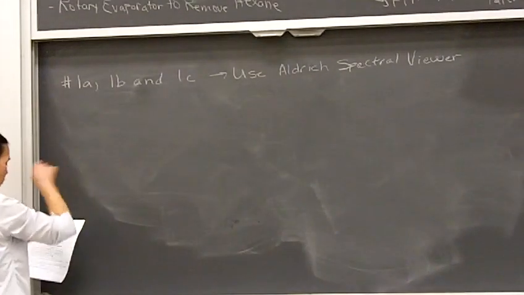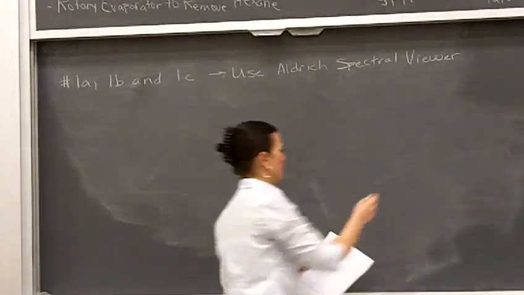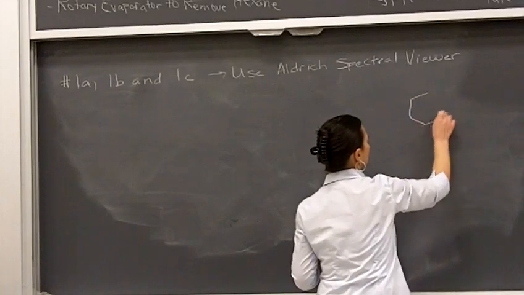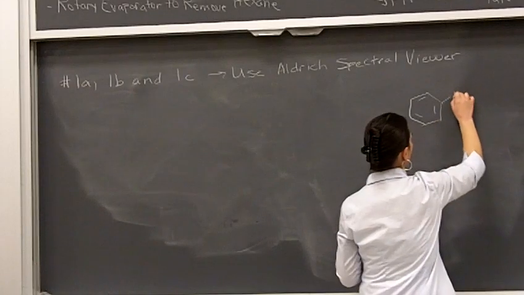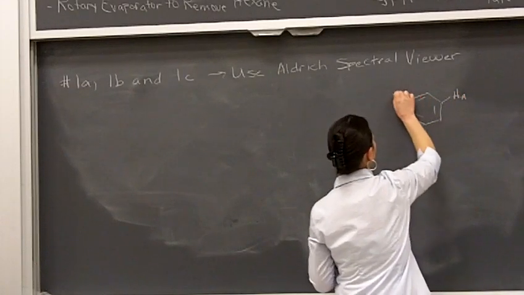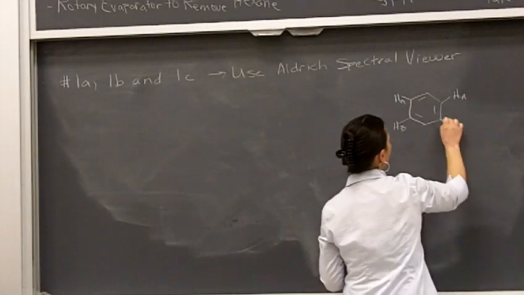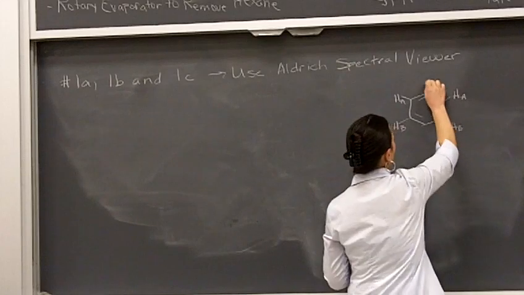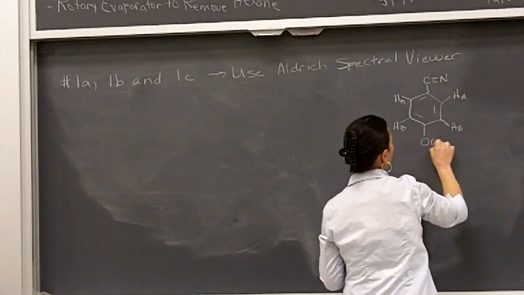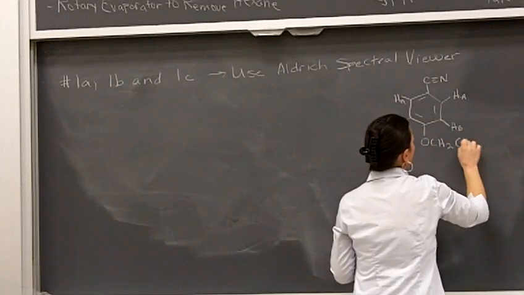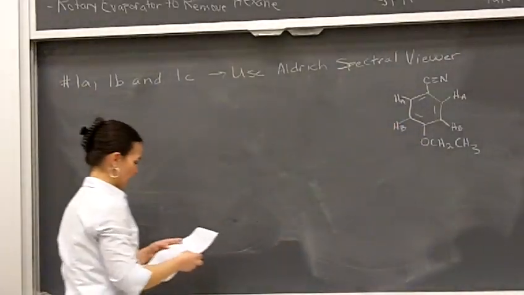All right, we are going to look at calculating chemical shifts for this compound here. So this is 4-ethoxybenzonitrile, okay?